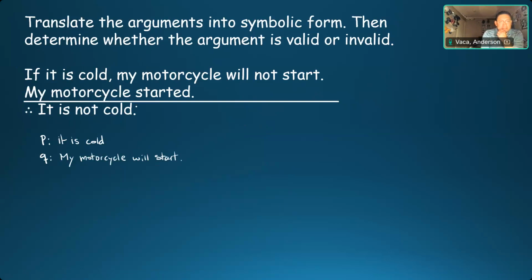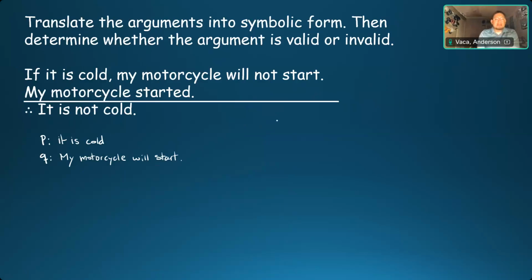When we look at this simple statement, my motorcycle started, then that's the same as simple statement Q. When we're working with arguments, we kind of disregard present, past, and future tense. For us, that kind of means the same thing, okay? The conclusion, it is not cold, is just the negation of P. So I think we got everything here in symbols.